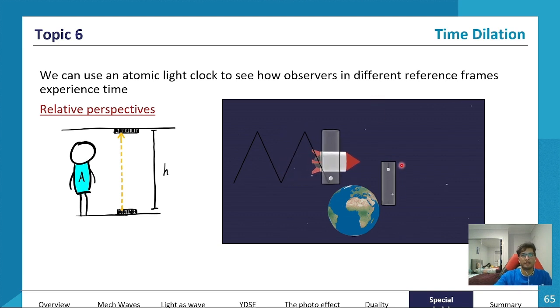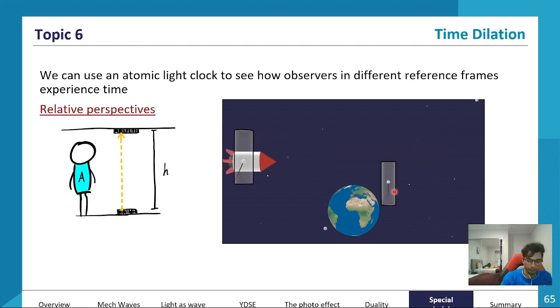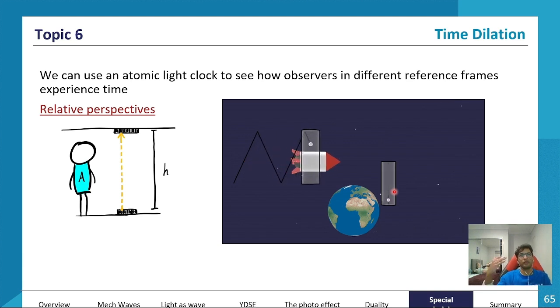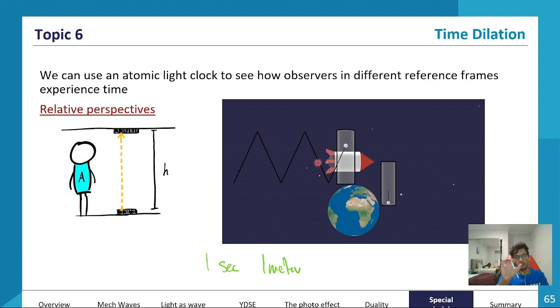So let's say that in 1 second, the light travels 1 meter. When you're looking at the rocket, since the rocket is traveling, you can see that the electron is traveling a longer distance, right?